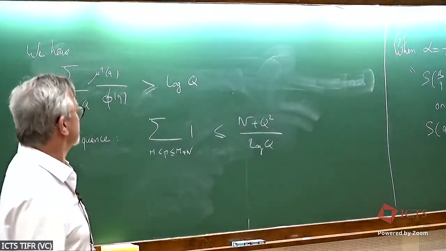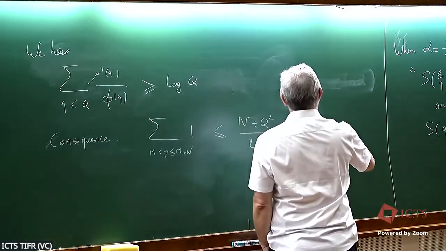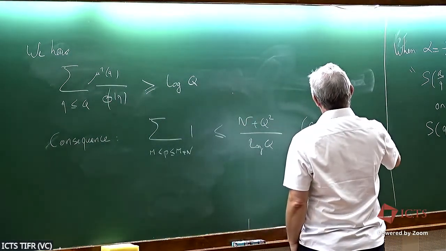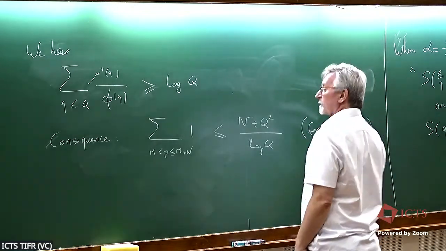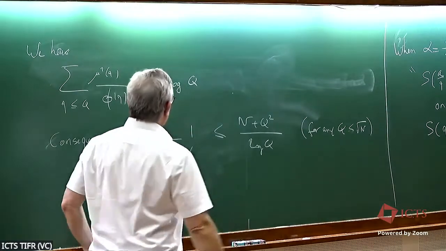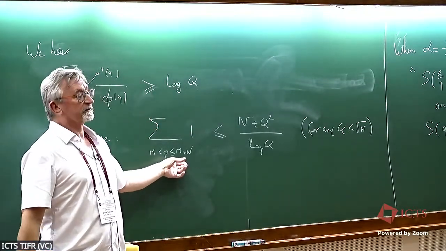I have this bound. So we're bounding above the number of primes in an interval.